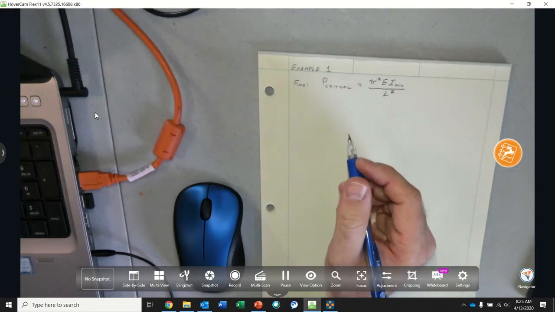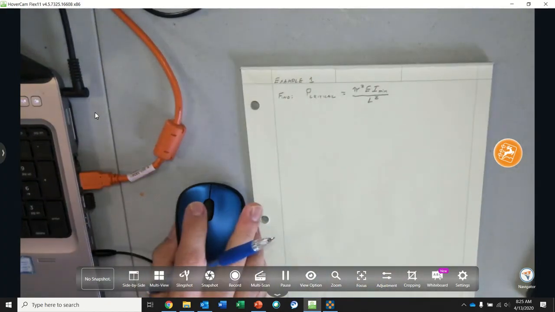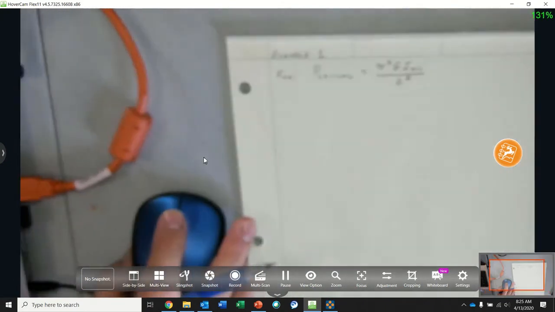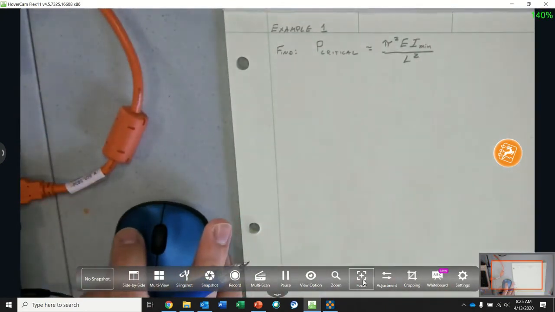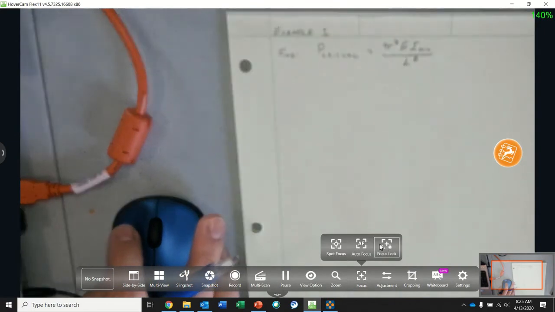All right, so here's P critical. Let me zoom in a little bit here. There we go. Here's example 1. Let me auto lock here.